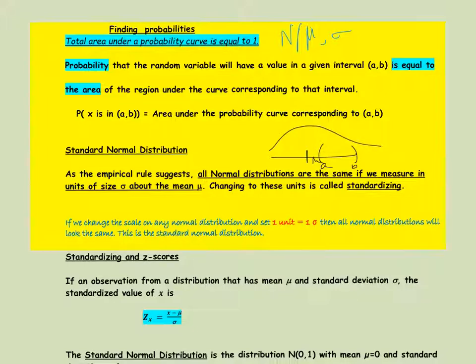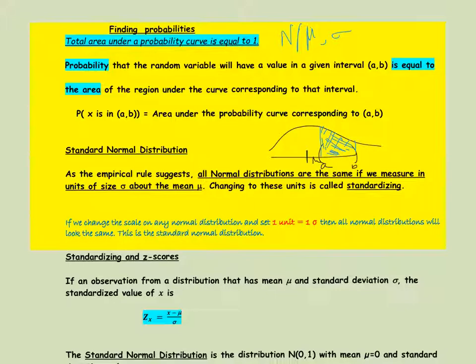Then what we do is we find the area under the curve between a and b, and once we find the area, which equals probability, that would be the answer to the question, what's the probability that x lies within the range of values a to b. So finding probabilities boils down to finding areas under the curve.